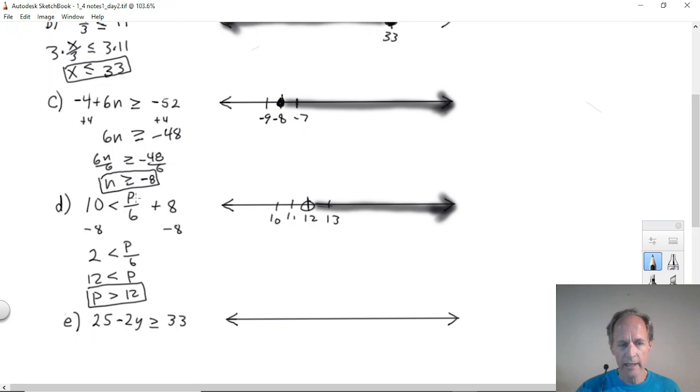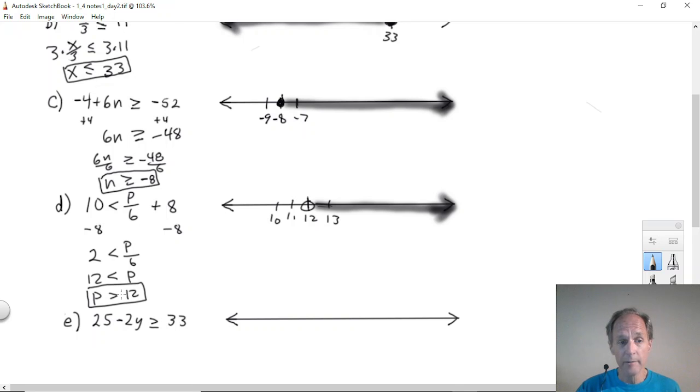And so let's do that. Put in 12 for p. 12 over 6 is 2, plus 8 is 10. And that shows that 12 does not satisfy our original inequality, because put in 12 we get 10 is less than 10. That's false.